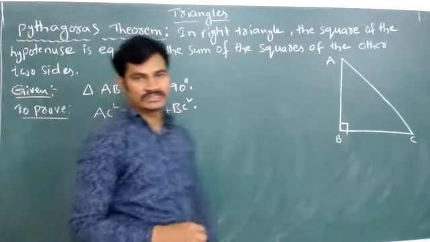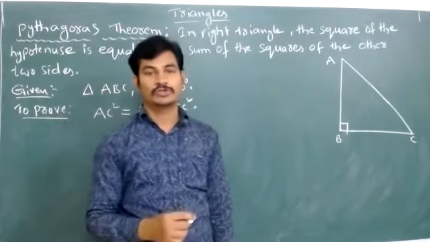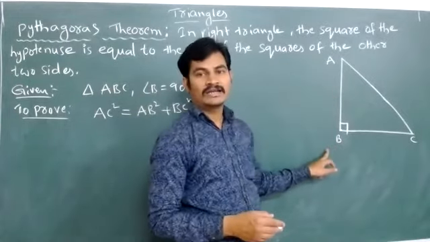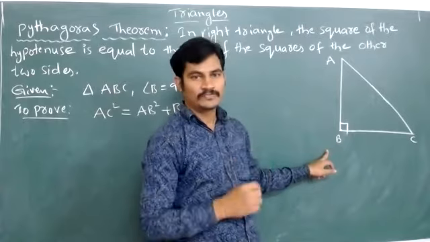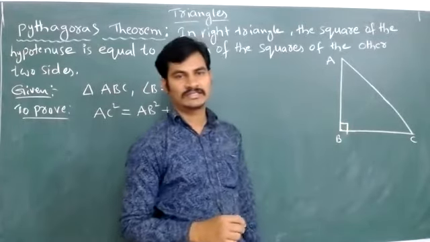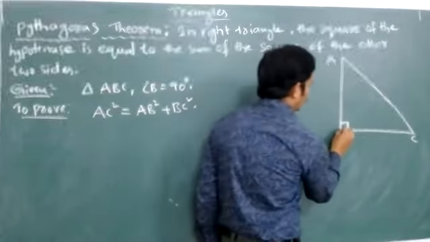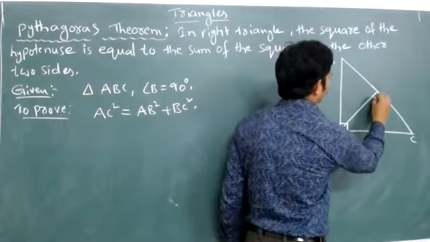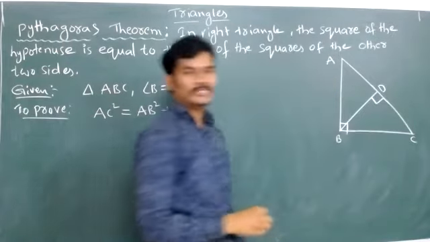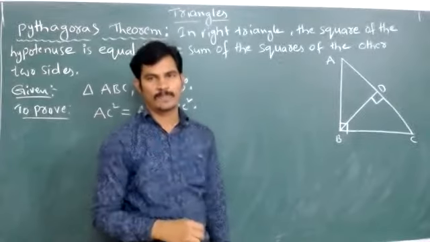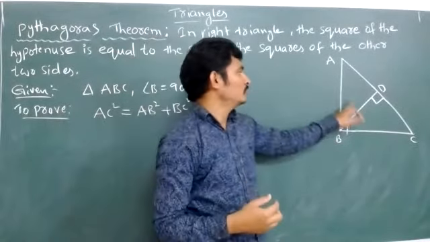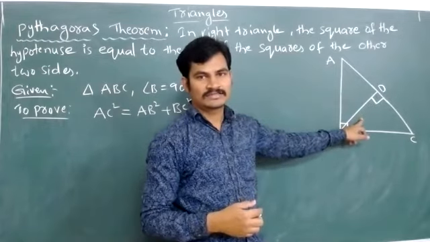Before going to this, you should know that in triangle ABC, with right angle at B, from vertex B, the right angled vertex, if you draw a perpendicular to AC, that is BD perpendicular to AC, we get two more right angle triangles.